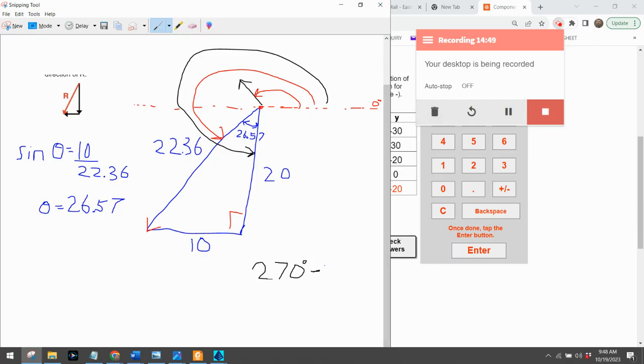So 270 degrees minus 26.57. So calculate that. We're going to get 243.43.